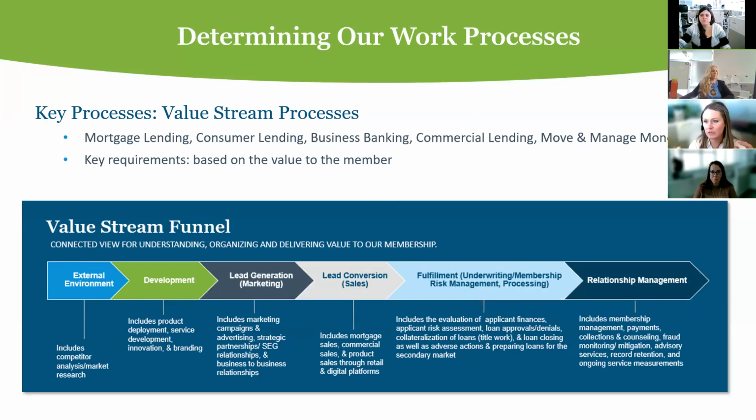Sort of the phases. The only value stream we have that doesn't really fit this model very clearly is that move and manage money. But all of our lending really follows this value stream funnel from the external environment, where we're looking at competitor analysis, to the development of products and services, lead generation, so that's really around marketing, then sales, fulfillment, which includes underwriting, risk evaluations, loan decisioning, and then relationship management is really that ongoing management of that product or service.